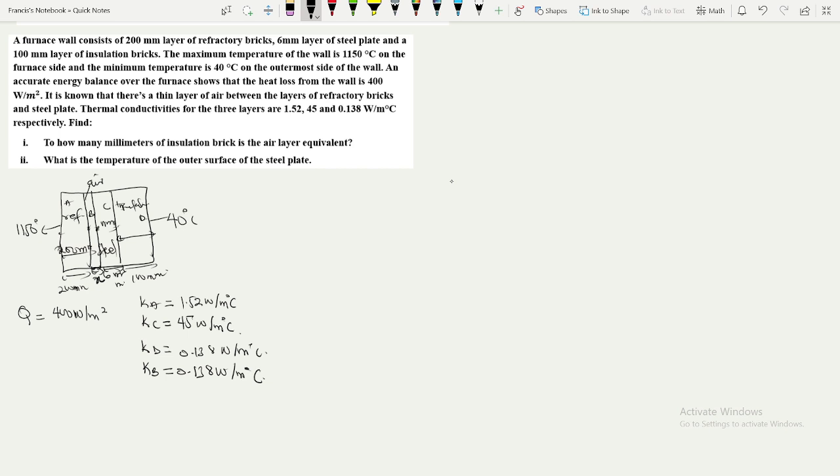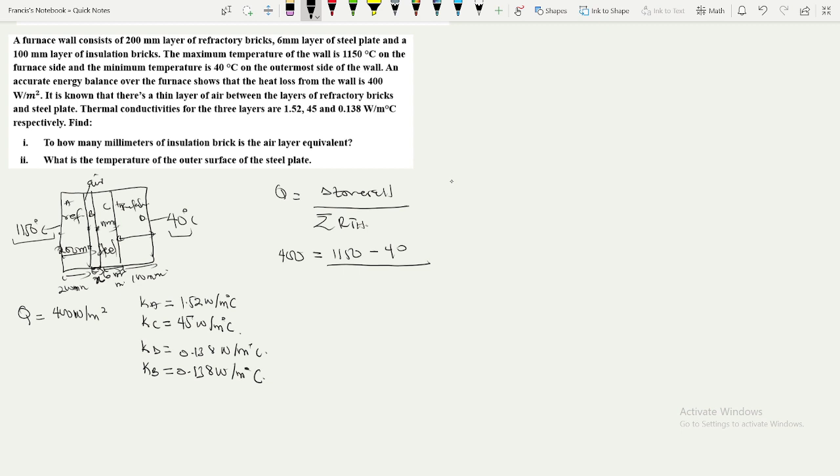So since we have our overall temperature difference, our heat Q, we even deduced this in our previous video, is change in T overall over the summation of the thermal resistances. So our Q, which is 400, is equal to change in T overall, 1150 minus 40, all over the summation of our thermal resistances.